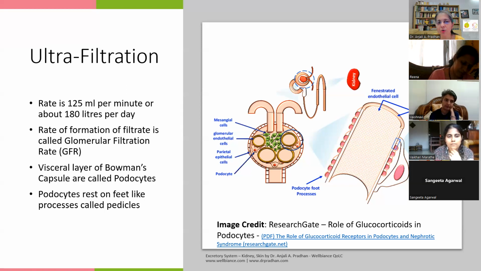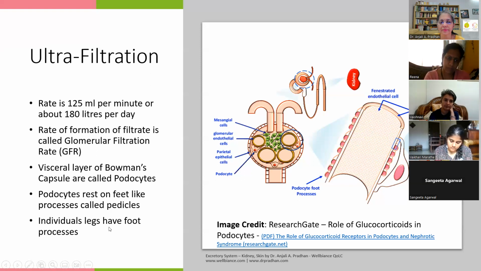The visceral layer of Bowman's capsule is made of podocytes. These are special cells. Podocytes rest on feet-like processes called pedicles. Individual legs have foot processes.